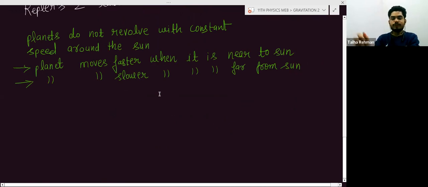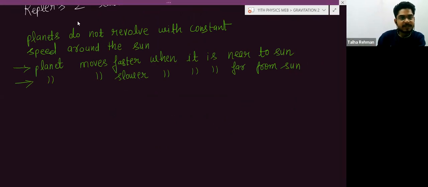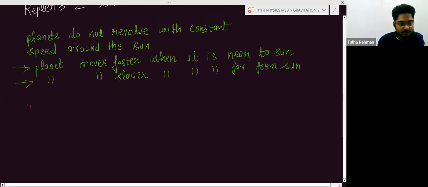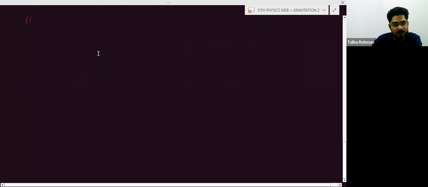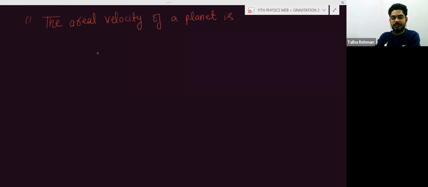Now what is the exact statement? The exact statement is this of Kepler's second law. The aerial velocity of a planet is constant.